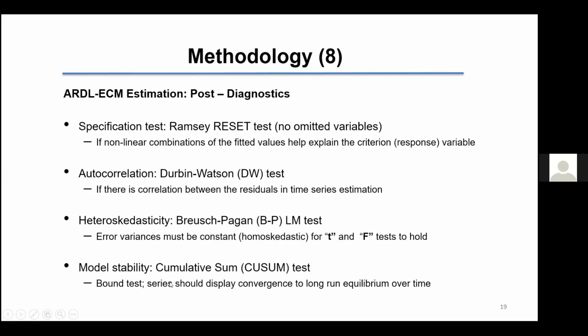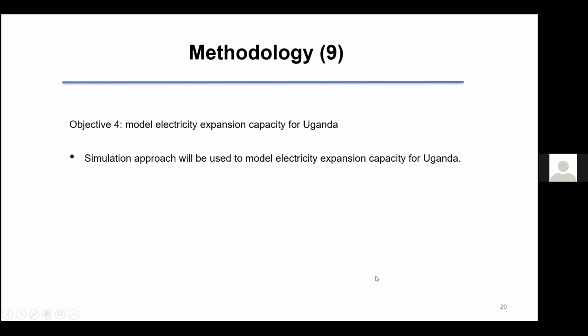And finally, the model stability, that your estimates fall within the expectations of the model. It's just a bound test, with upper and lower limits. If they go outside that range, it would mean we can't rely on your model for long-run planning.